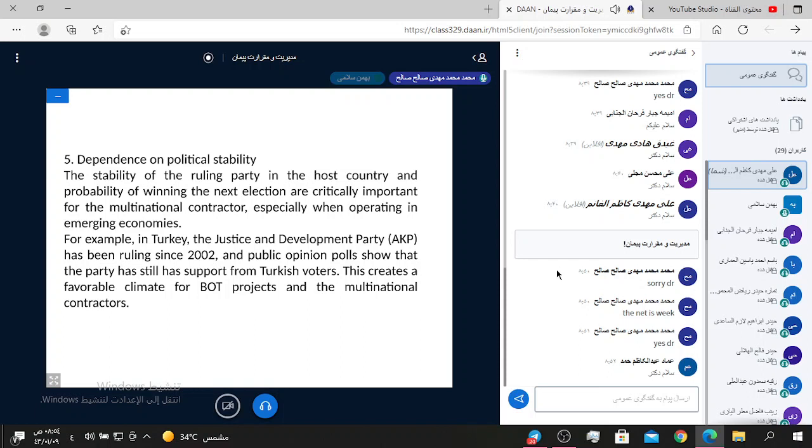For example, in Turkey, the Justice and Development Party (AKP) has been ruling since 2002, and public opinion polls show that the party still has supporters. This creates a favorable climate for BOT projects and the multinational contractors.